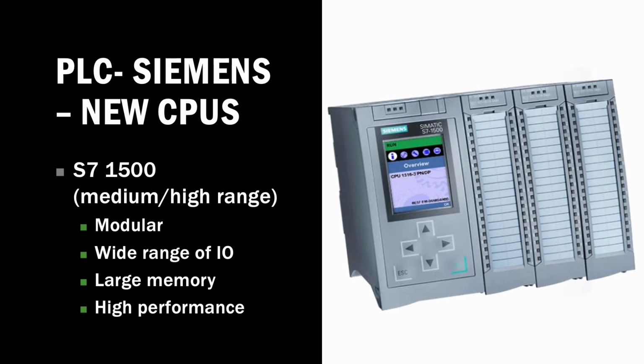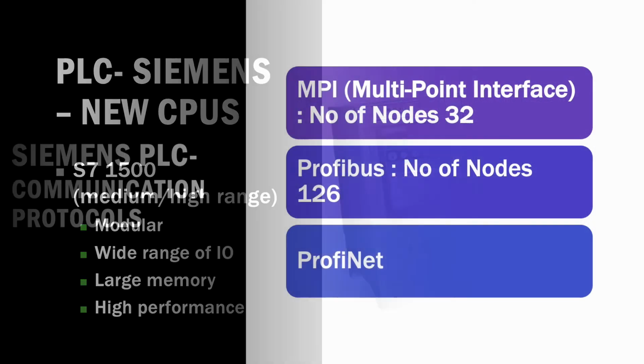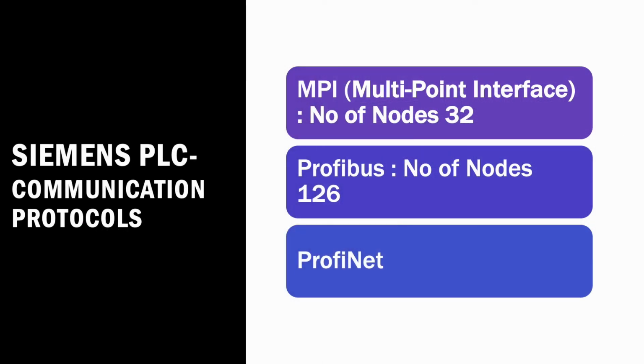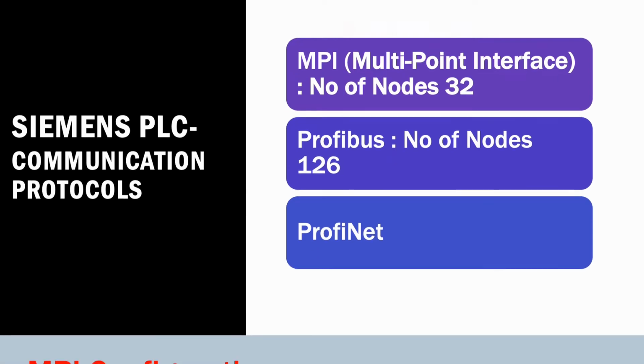Now we will see Siemens PLC communication protocols. Mainly in Siemens they use MPI, multi-point interface. For MPI, the number of nodes is 32, for Profibus the number of nodes is 126, and then Profinet. In MPI we can see in the network how this is connected.